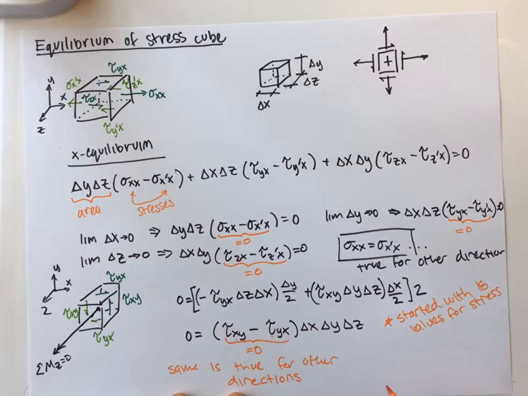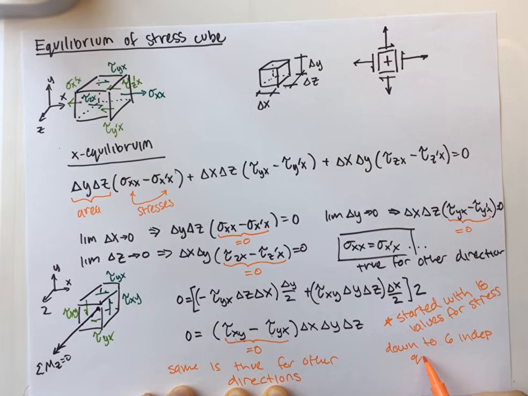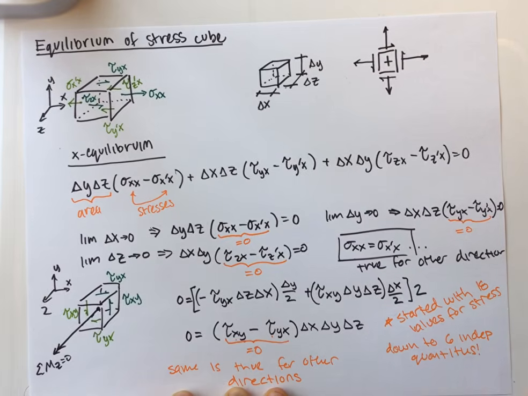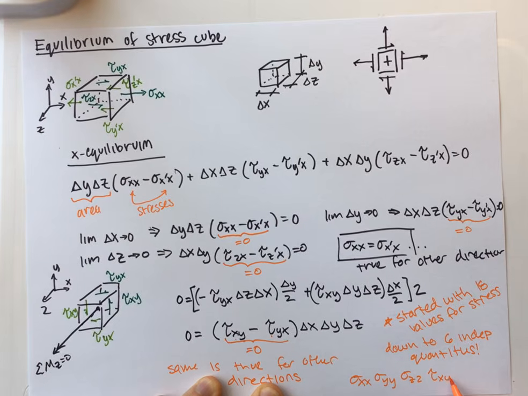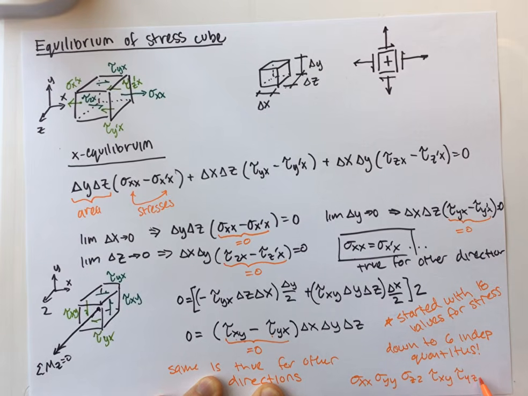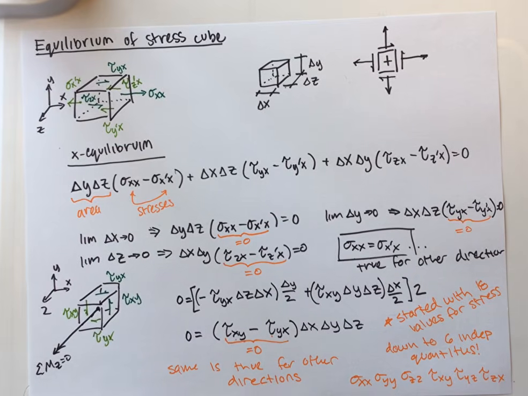So now we had 9. Once we figure that out, we're down to 6 independent quantities. So that's pretty cool. I'm going to put an exclamation point there. Those 6 quantities are sigma xx, sigma yy, sigma zz, tau xy, tau yz, and tau zx. Pretty cool.